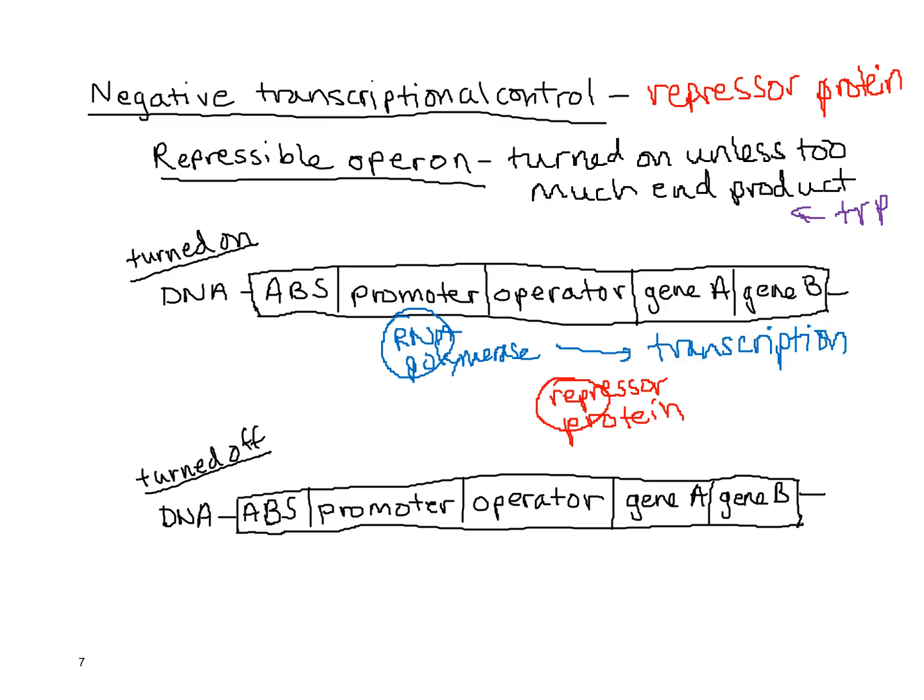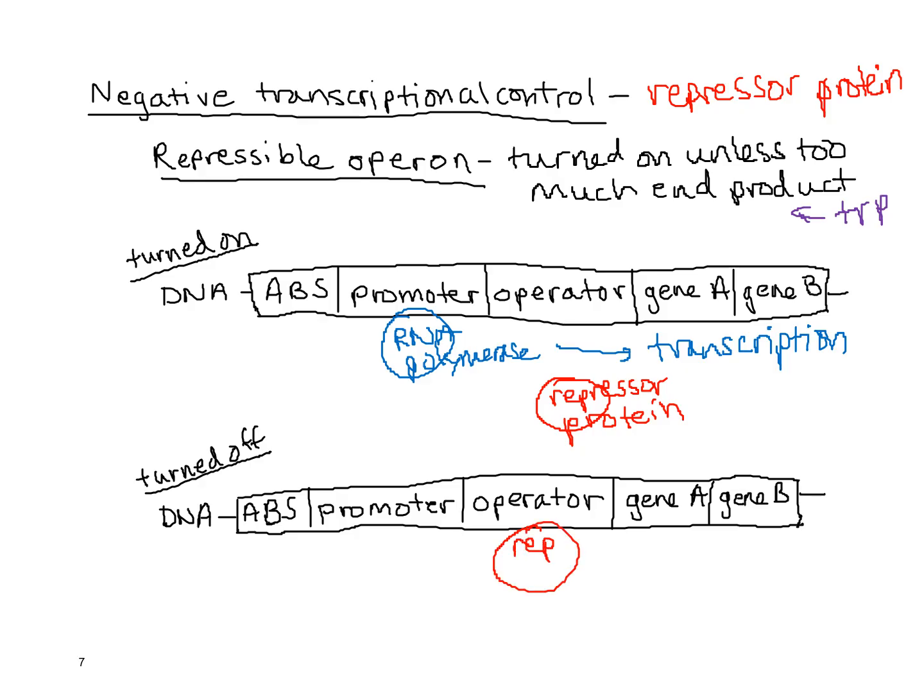Okay, but if we've ended up making too much end product, we made too much tryptophan, we need to turn this Trp operon off. So we need to change the shape of our repressor protein to get it to bind to the operator.